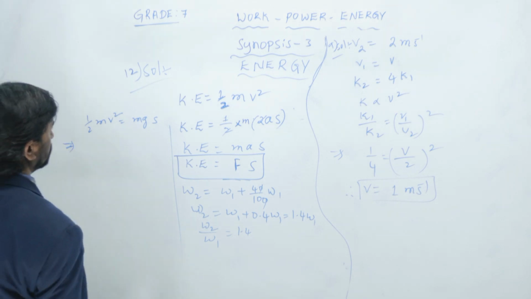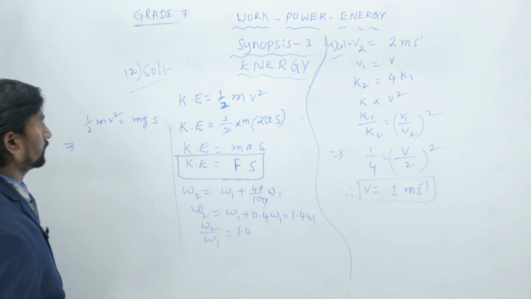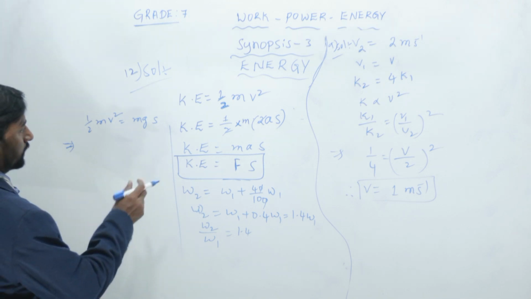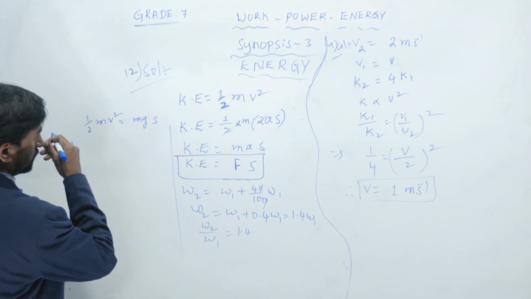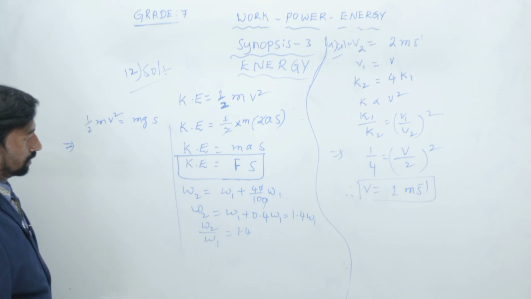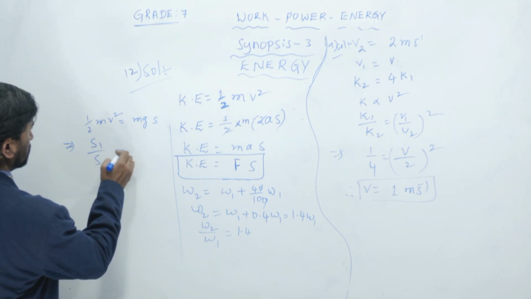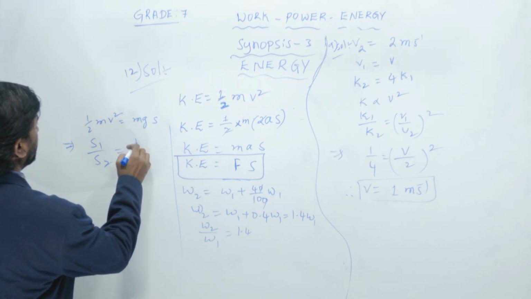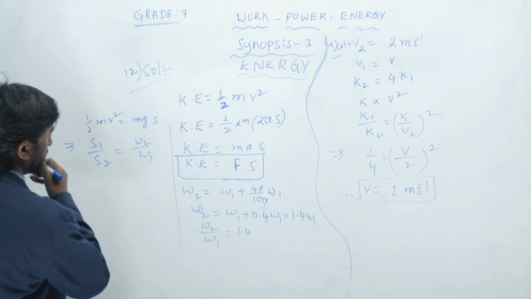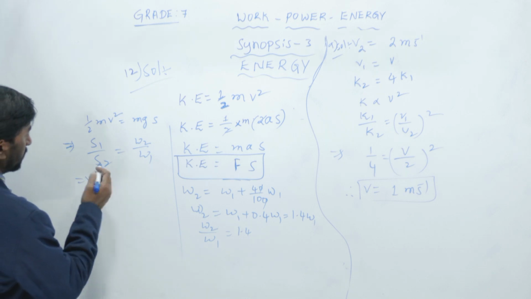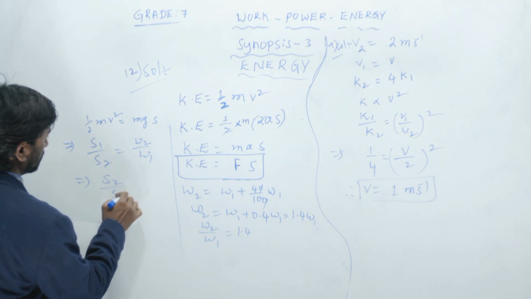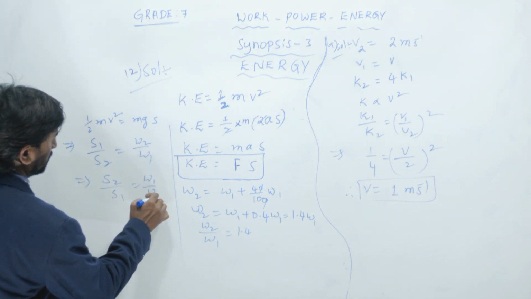Kinetic energy is that one. So if the kinetic energy is constant, then the same braking force is applied. Kinetic energy is constant means S1 by S2 is equal to W2 by W1. Now the stopping distance S2 by S1 is equal to W1 by W2.